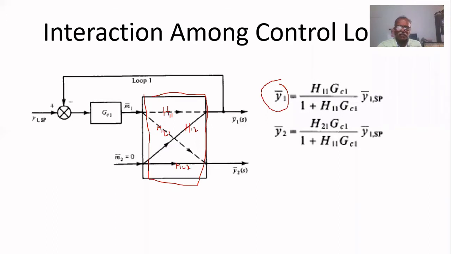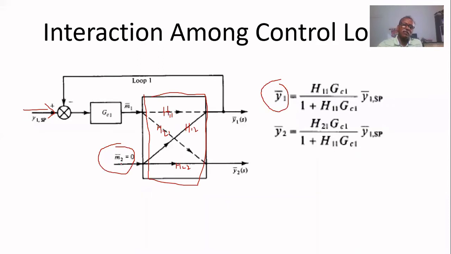These are mathematically defining the interactions, but as a process, this is the block diagram for the process. It consists of all these things. So from that we can write y1 equal to h11 GC1 upon this feedback part, 1 plus h11 GC1, into y1 set point, because the input is y1 set point, provided m2 equal to 0. No change in m2.